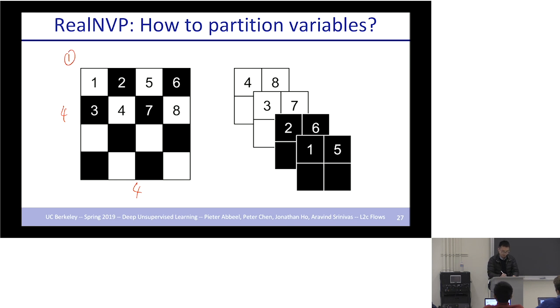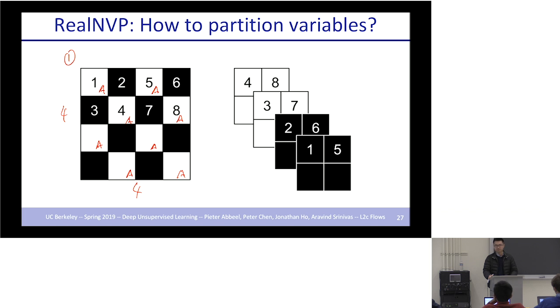One pattern is what they call a checkerboard pattern. Here they partition the random variables into white pixels and black pixels. All the white pixels that you see here belong to random variable group 1, let's call it group A. When you do a feed forward with this layer, you just copy everything in the white pixels and do not modify it.